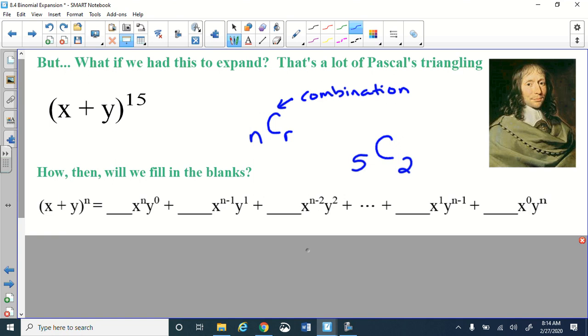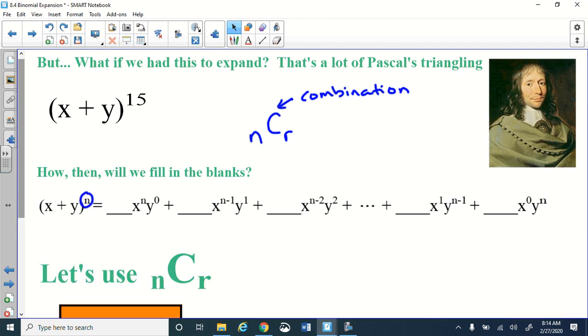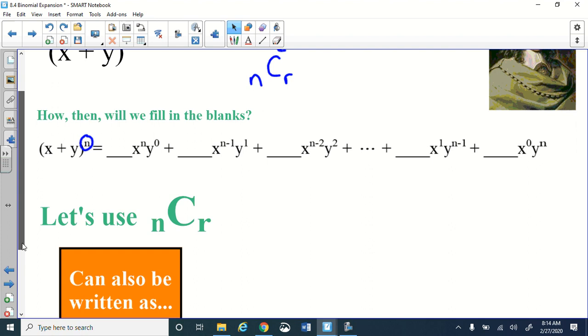So when we talk about nCr, n stands for the binomial's exponent. And so when we go to, let's see what's behind here. All right.